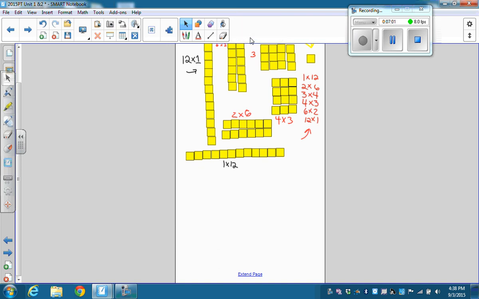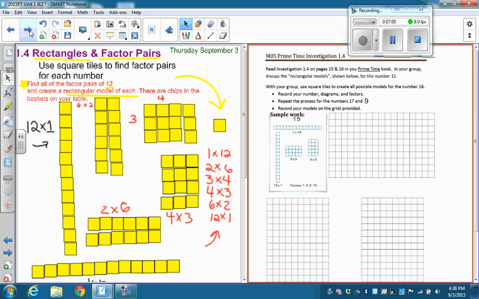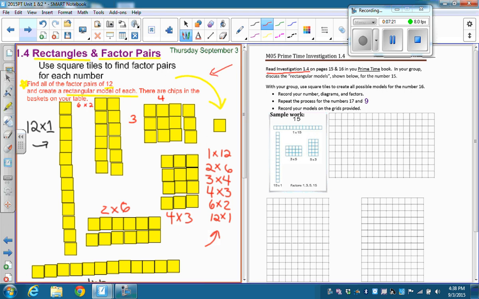All right? So you guys were supposed to do this. And I was gonna start this and have a sample so everybody at home could remember what we were supposed to do. So we were going to read investigation 1.4, but this is investigation 1.4, so we don't have to read it. We're going to talk about the rectangle models.